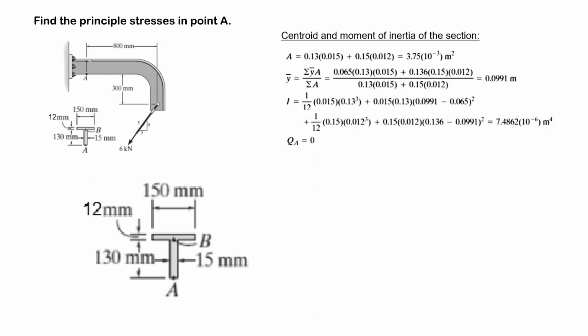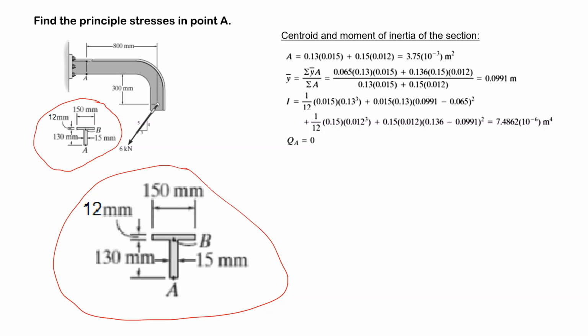The first thing we have to do is, we have not a very simple section. We draw this section, and for this section we have to determine first of all the area, the position of the centroid, and the moment of inertia around this centroid, and we have also determined the Q values.